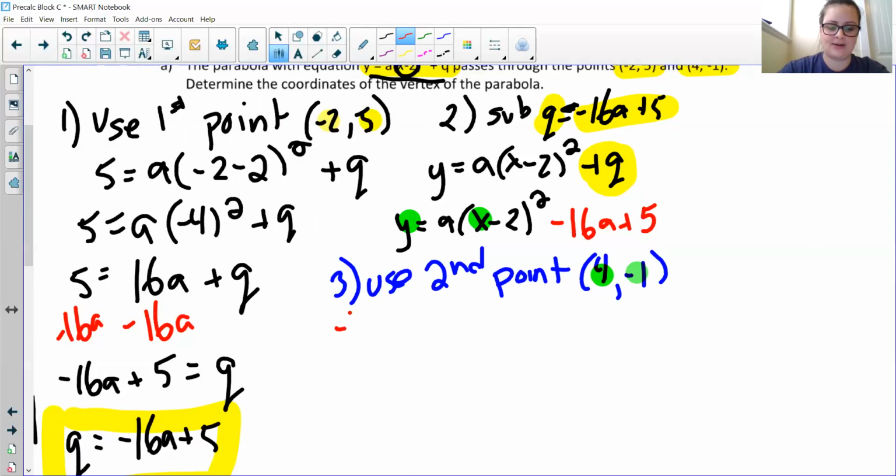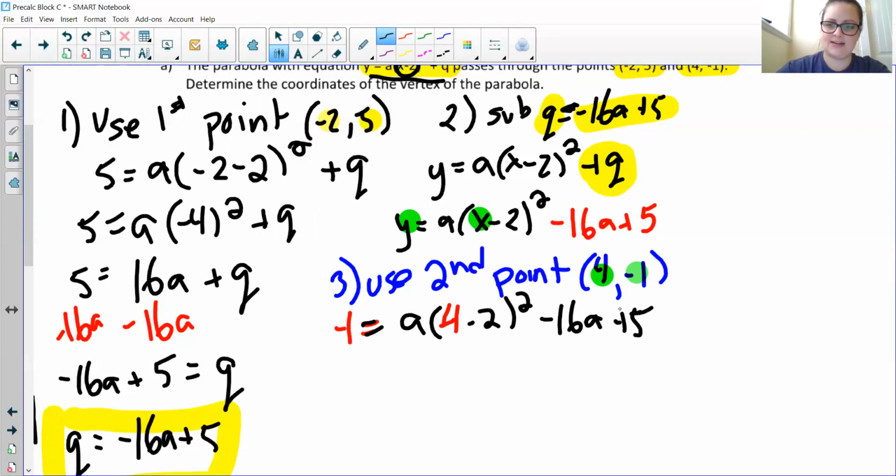So I'm going to have -1 equals a times positive 4 minus 2 squared minus 16a plus 5.